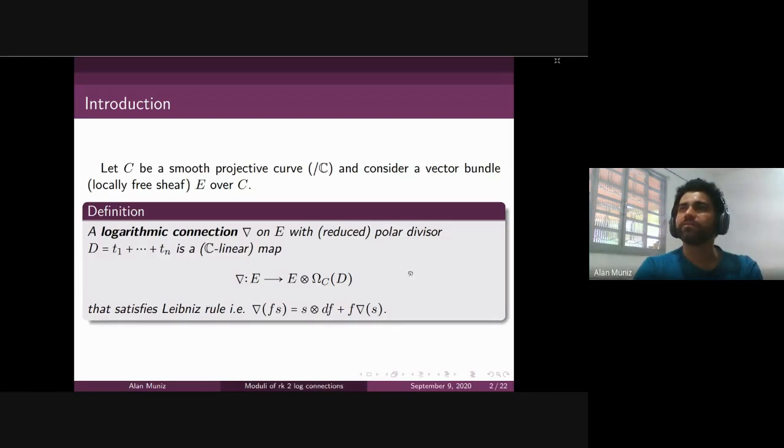And that's all. See that this map is C-linear, but it satisfies the Leibniz rule, and that's important. I don't know if somebody is not used to this stuff, but these are primarily analytic objects, but we will see that their moduli space is an algebraic variety.